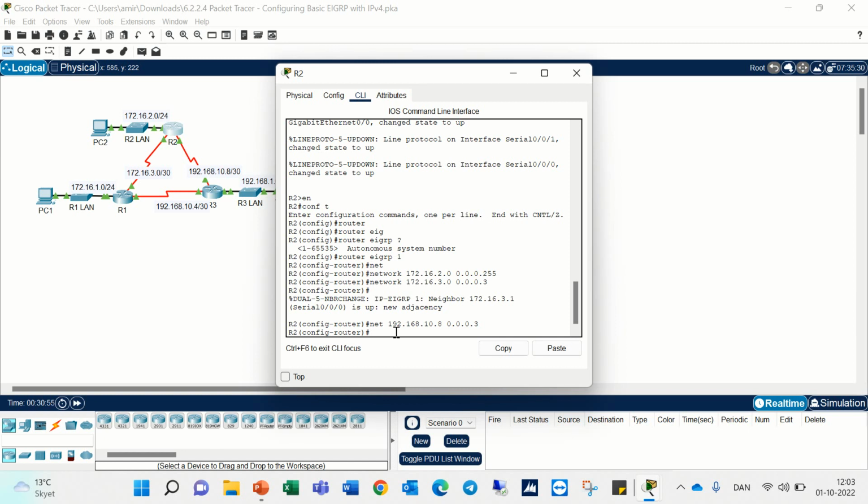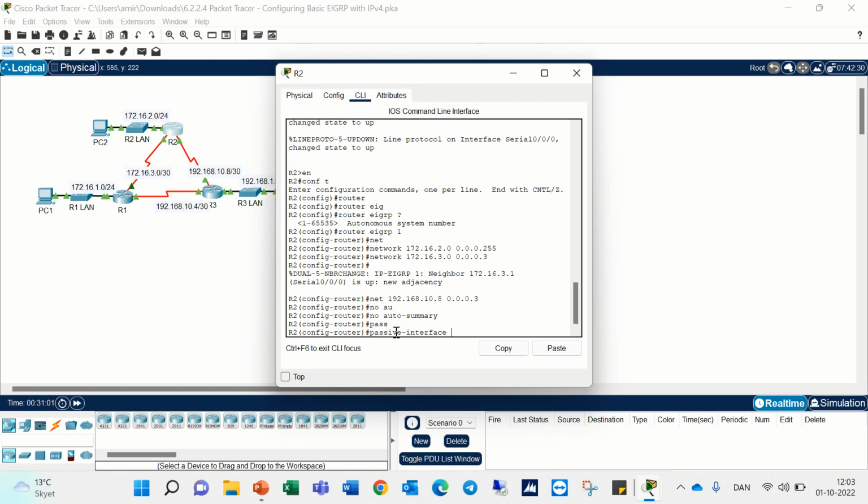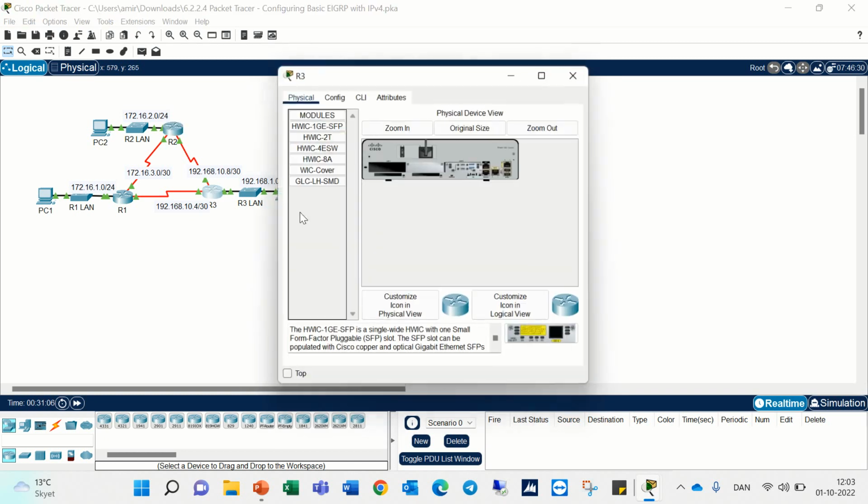Yes. And no auto-summary. And the passive interface is G0/0 for all of the routers here.